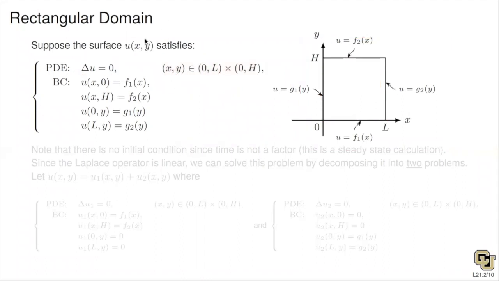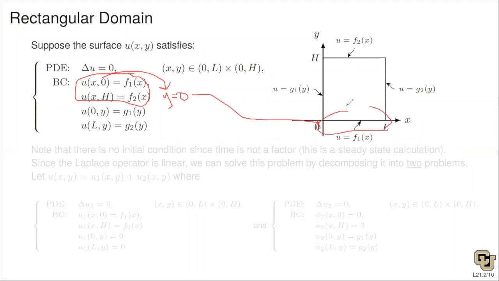And on the boundary of our two-dimensional domain, so for example here, this is when y equals 0. So when y equals 0, we're on the x-axis.